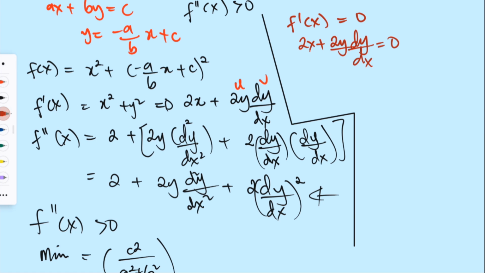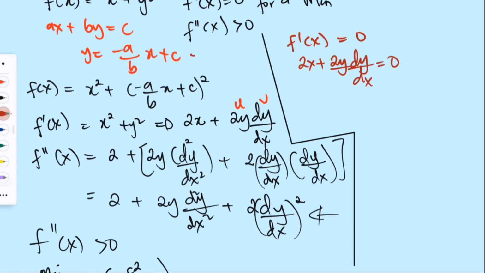That's what we don't know. In the function given to us, this is a straight line, right? So dy by dx is the same as its gradient. So in that case, the gradient would be negative a over b. That's the gradient, which is the same as the derivative. So dy by dx is negative a over b.